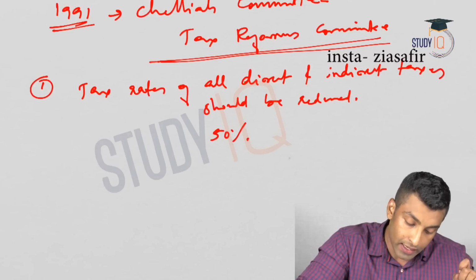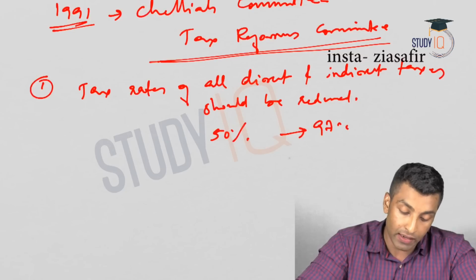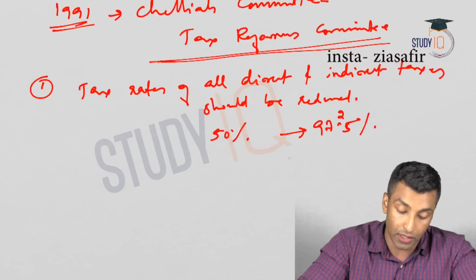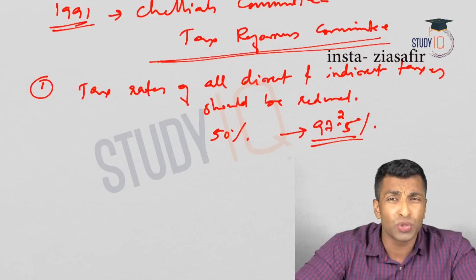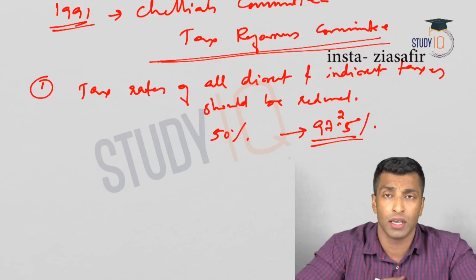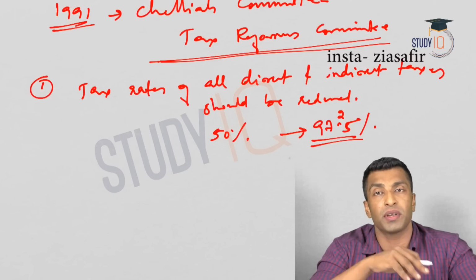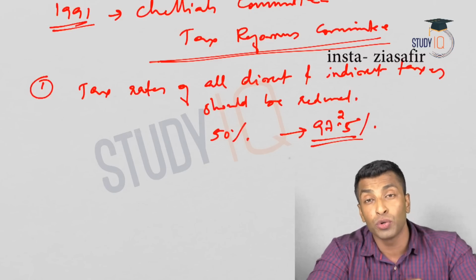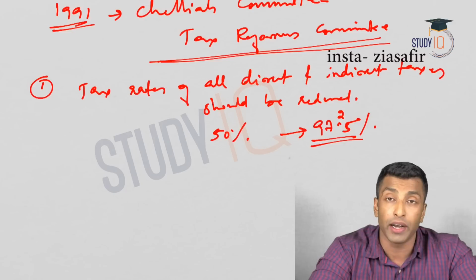It was around 50%, and in some cases people were supposed to pay around 97.25% in case of certain kinds of incomes. So it was so high. And customs duty was around 400%. There are common items at 100% to 200%, but in some cases it would go up to 400%. So the first recommendation is that it has to be reduced.